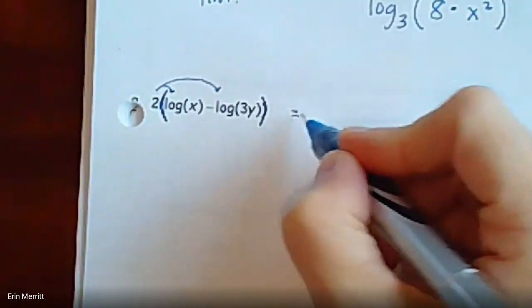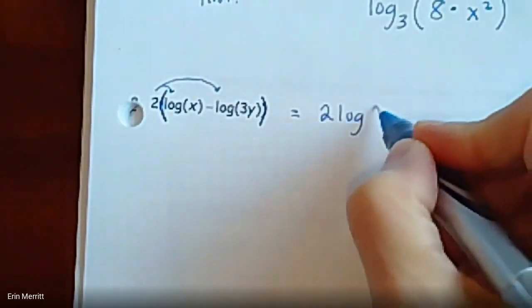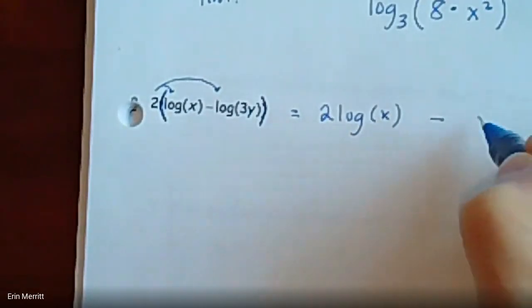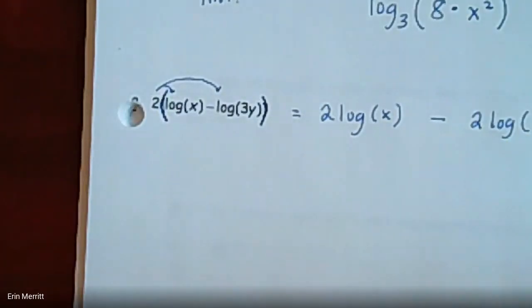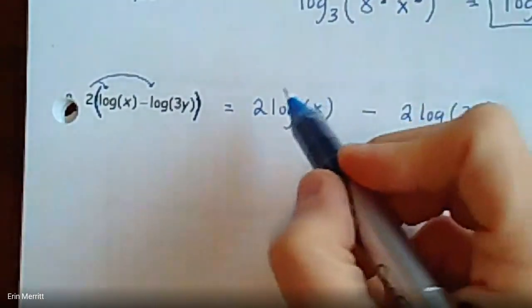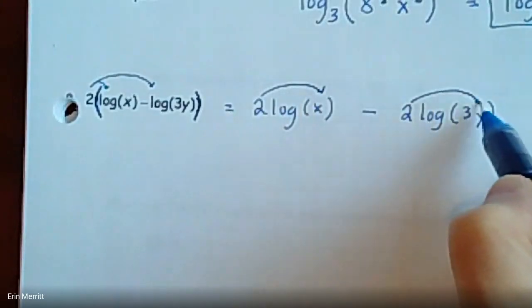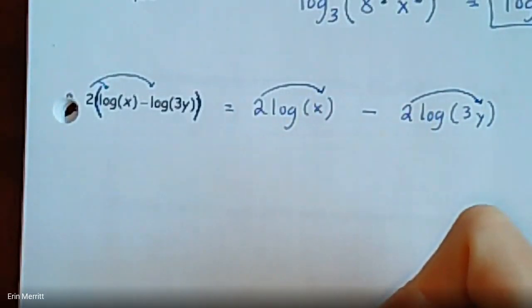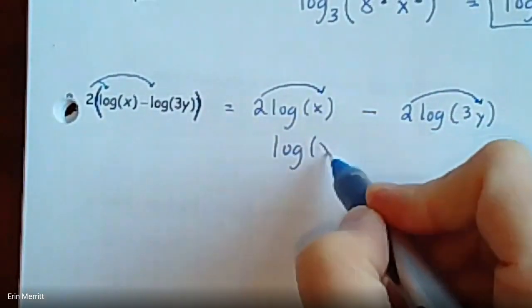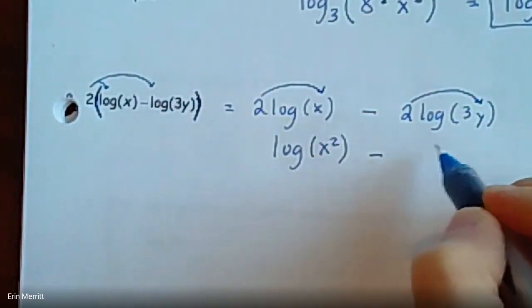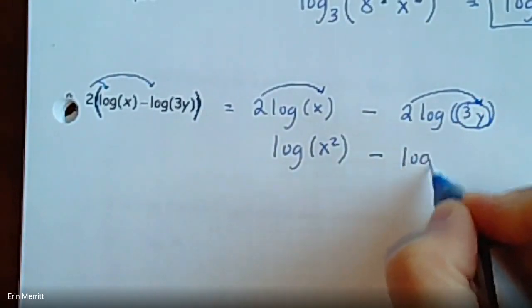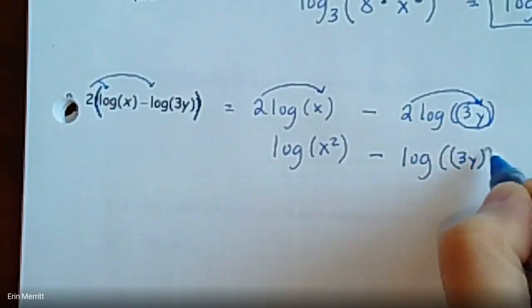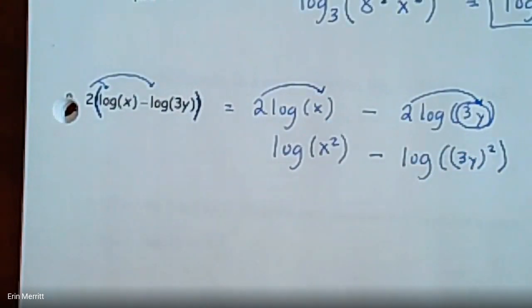If I do it like that, I would have 2 times log of x and then minus 2 times log of 3y. And then in that case, I'd have to bring the 2 up as an exponent for each one. The only thing tricky about that is that x becomes x squared. You have to remember everything on the inside here is getting squared. So this would become log of the quantity 3y, all of that getting squared. All right. So just a couple things to think about.